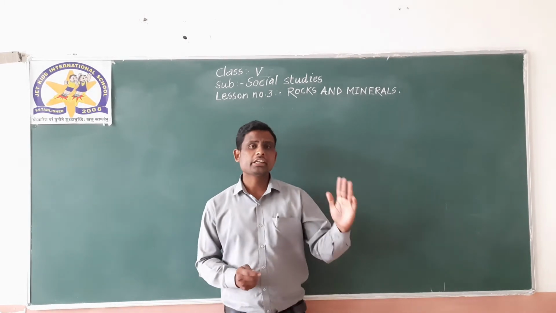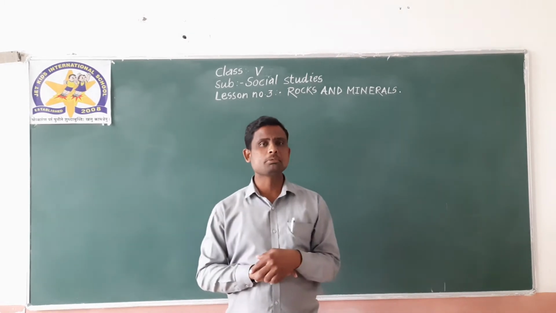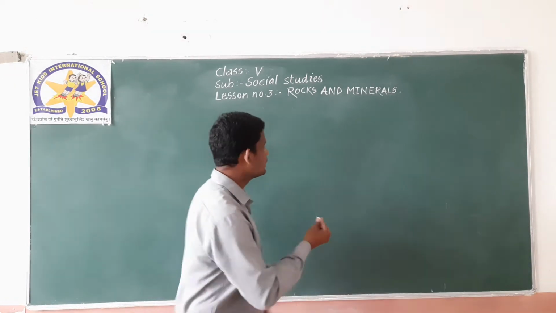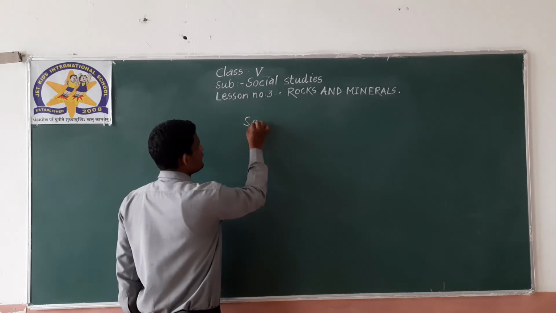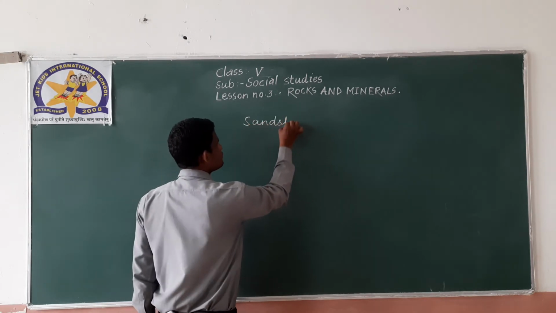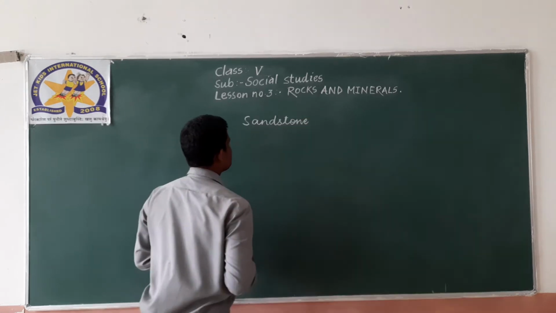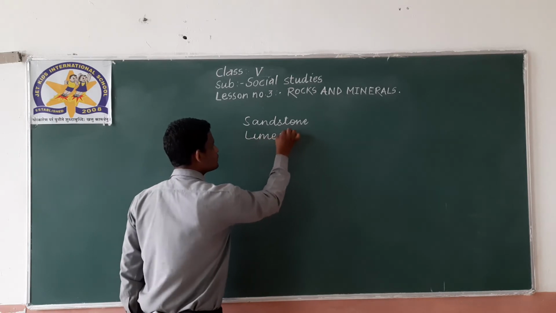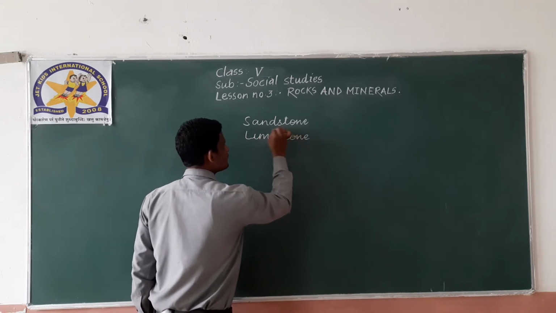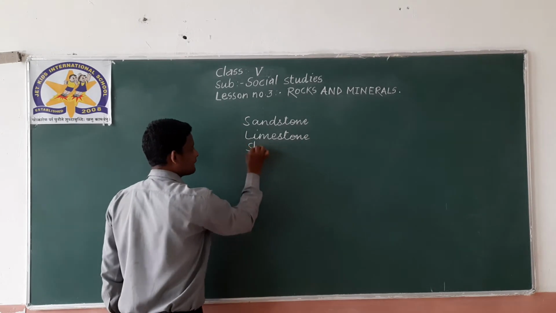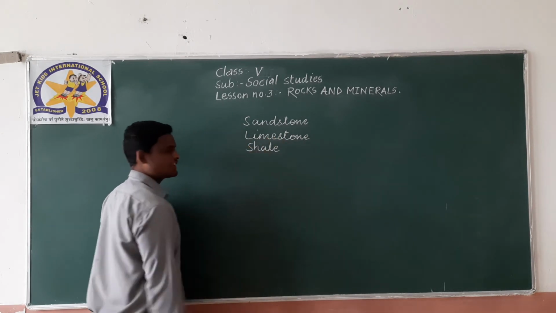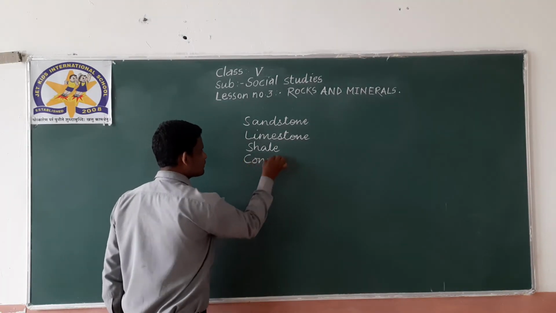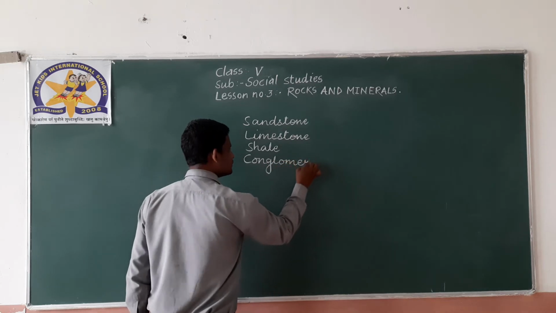My dear students, there are four examples of sedimentary rocks. Which are those? Sandstone, after that limestone, after that shale, and the last example of sedimentary rock is conglomerate.